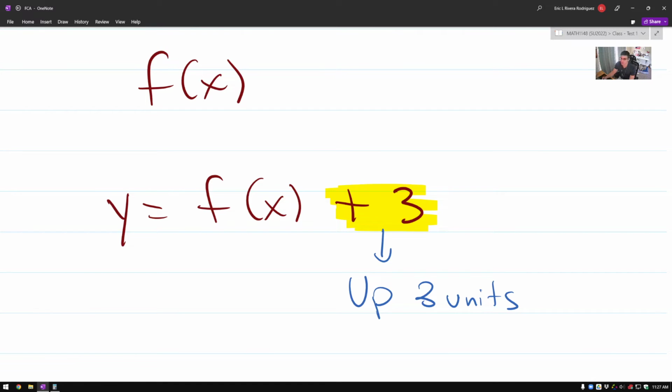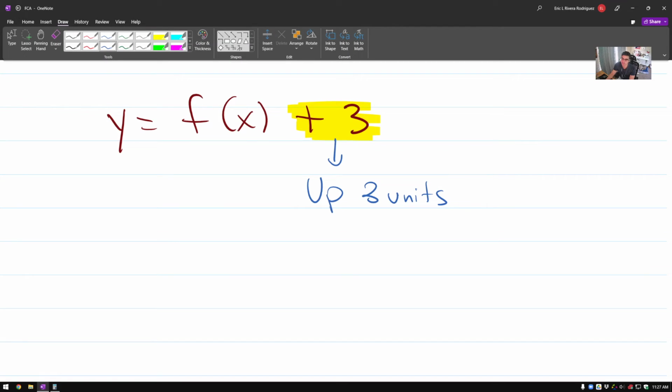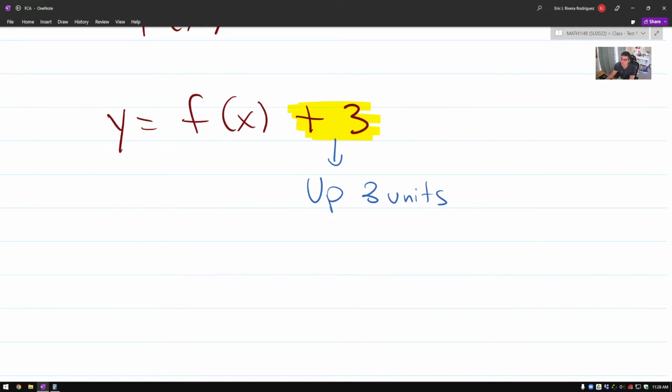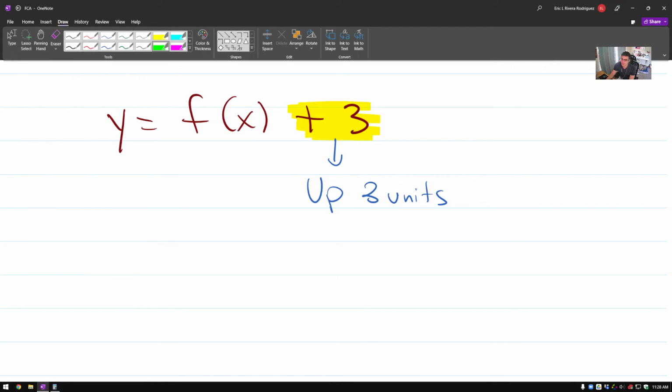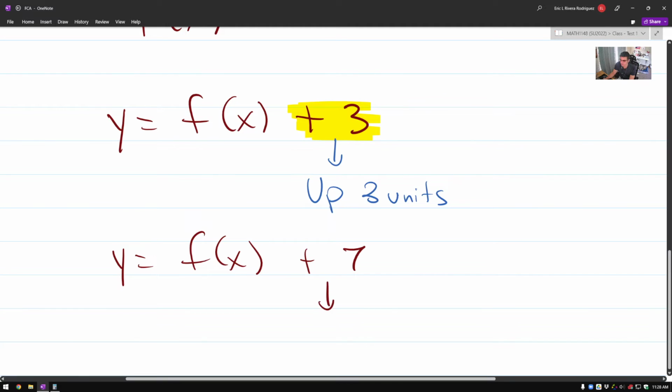Perfect. Okay. So then, if I tell you, let's use another value. Instead of 3, we are going to do the same, but let's say 7. So this plus 7 means we are now going up 7 units.